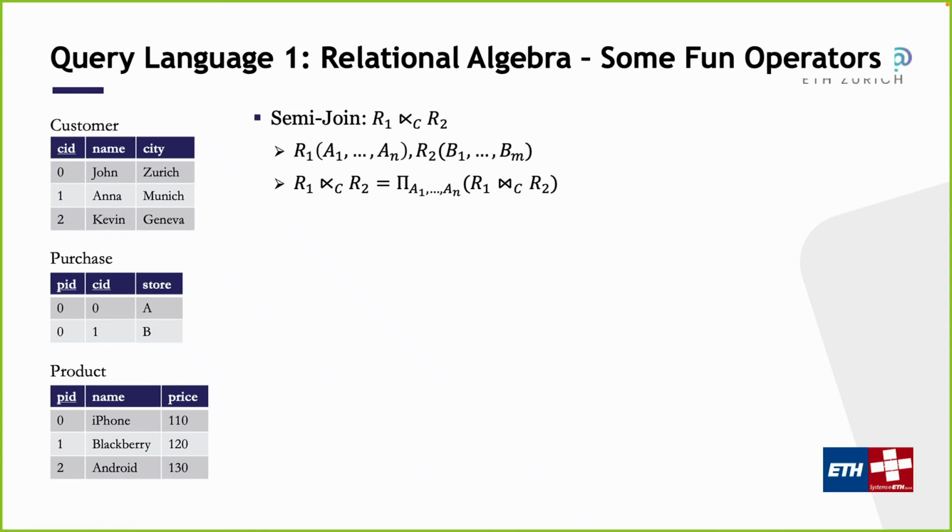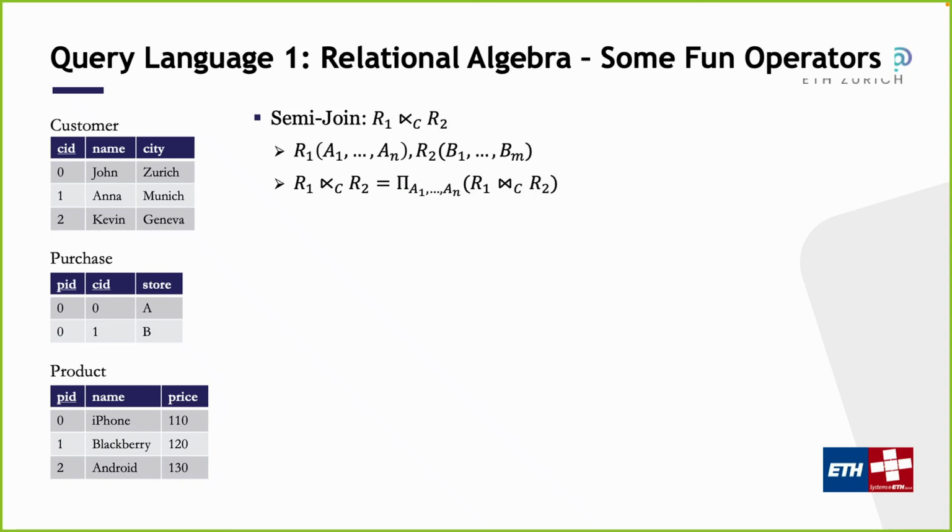Essentially, the semi-join between R1 and R2 are those tuples in R1 that I know are going to appear in the result of the theta join between these two relations. Okay, makes sense? I do the theta join, and then I only keep those attributes that I have in R1. So that's all the tuples in R1 that matter for the theta join.